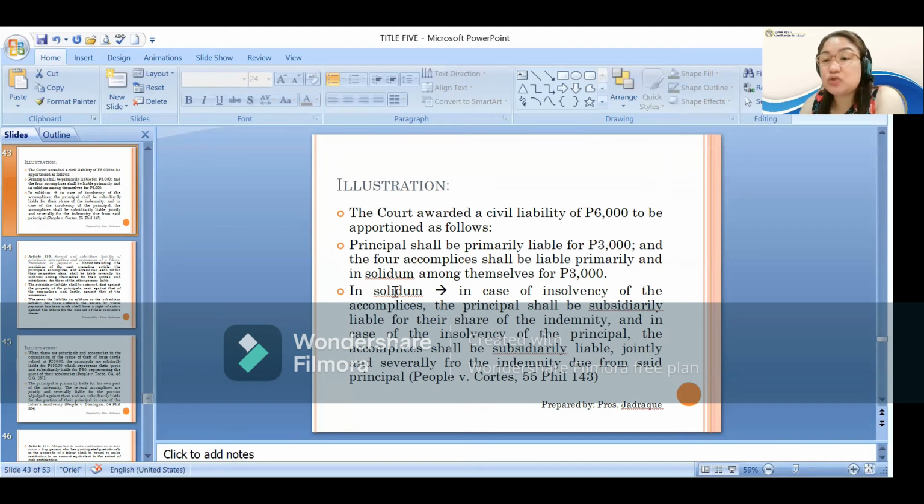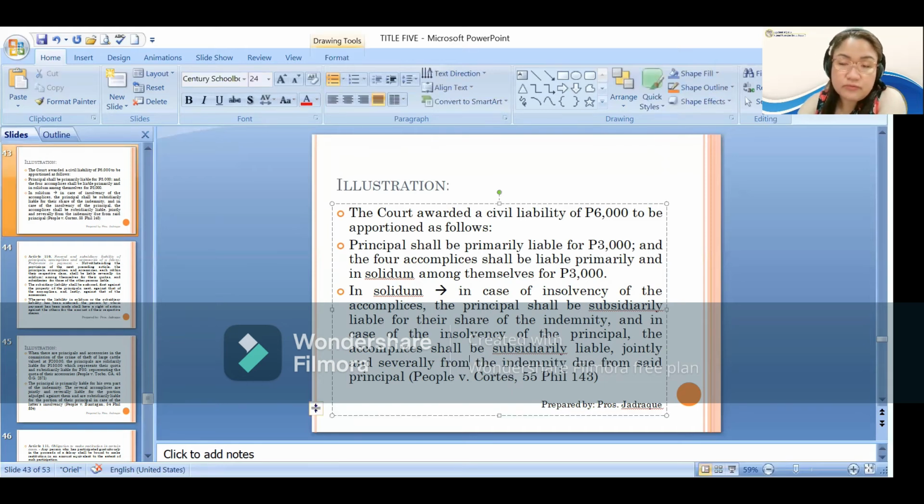Now, what do we mean by in solidum? It is synonymous with solidary liability. In case of insolvency of the accomplices, the principal shall be subsidiarily liable for their share of the indemnity, and in case of insolvency of the principal, the accomplices shall be subsidiarily liable jointly and severally for the indemnity due from said principal.